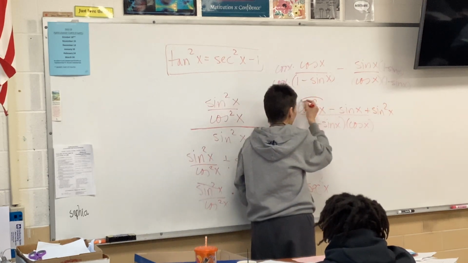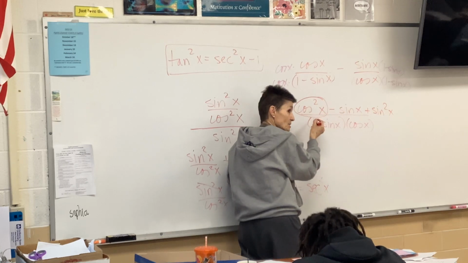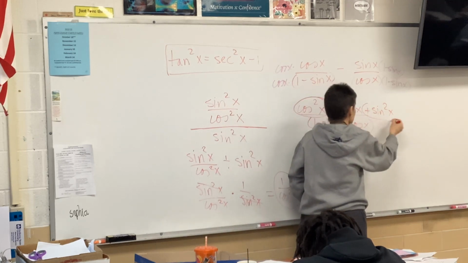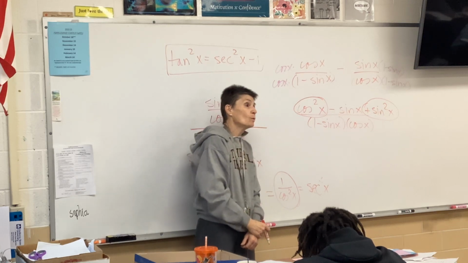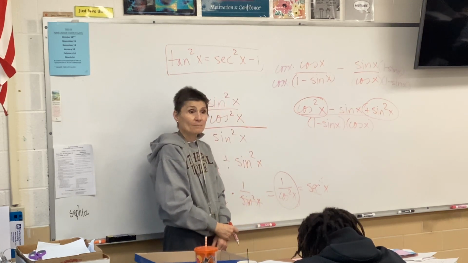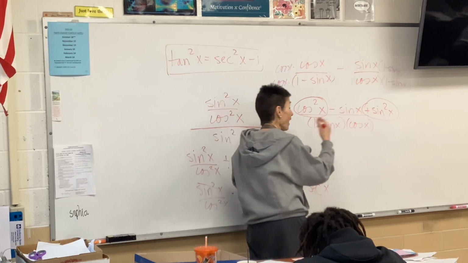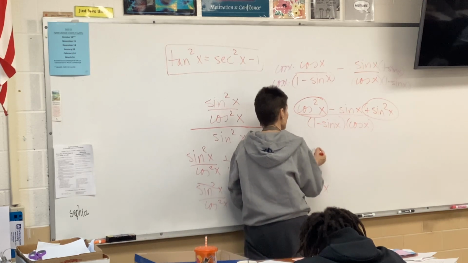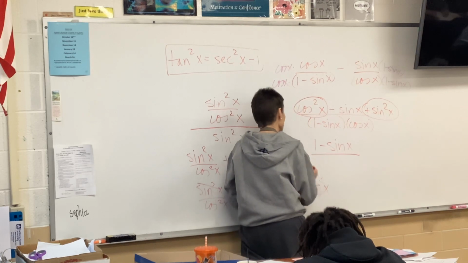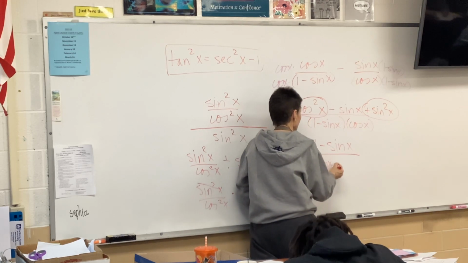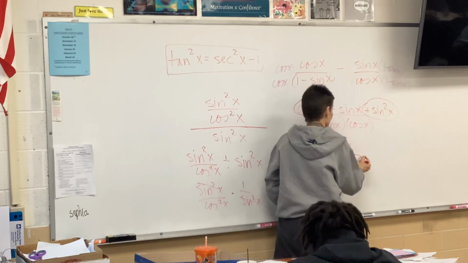Because look what you have. You have a cosine squared plus a sine squared. What is cosine squared plus sine squared? 1. So my numerator is just 1 minus sine, and my denominator is still 1 minus sine times cosine.